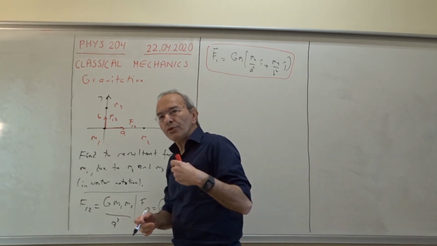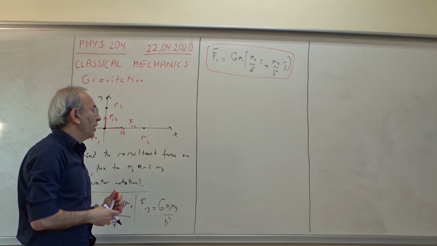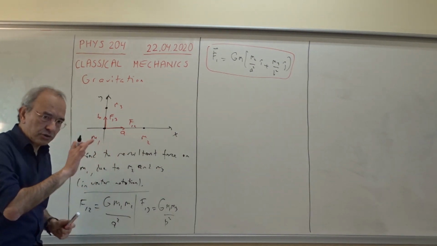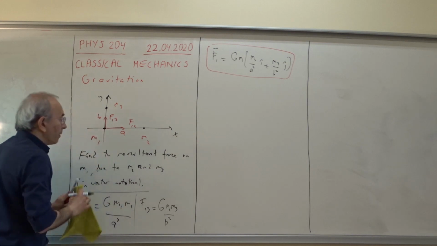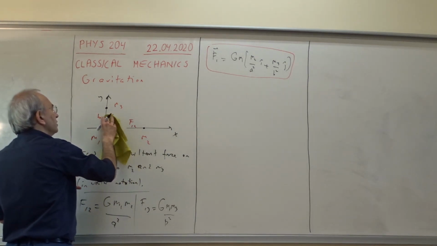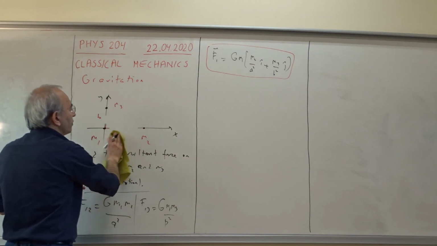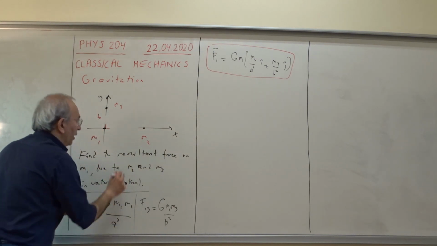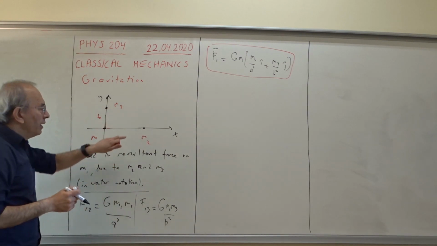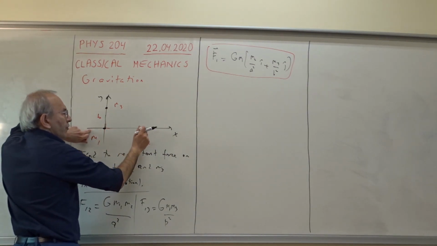Conversely, for instance, if you wanted to find the net force on M2, I will not continue, but let me just write the first step. If we wanted to find the net force on M2, then M1 would apply a force to the left.